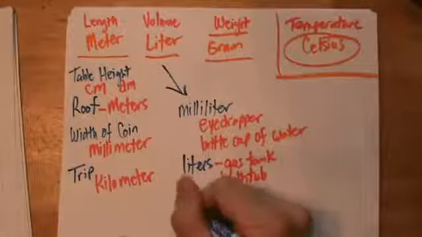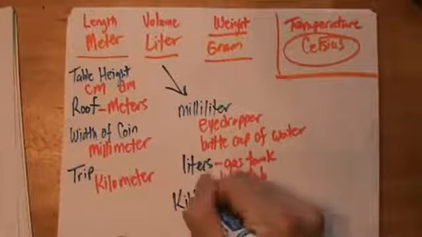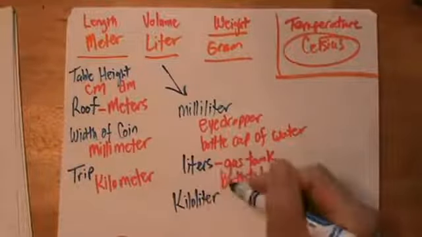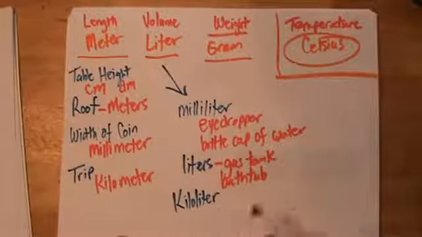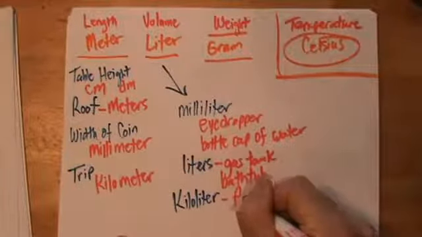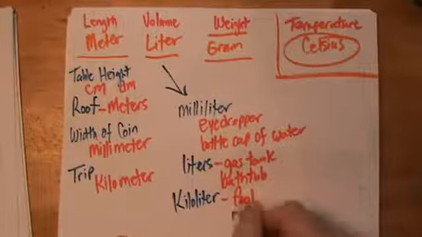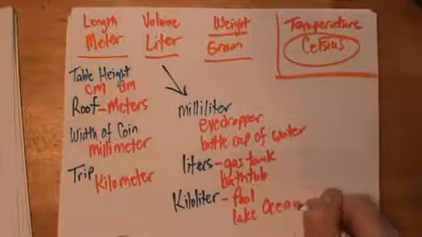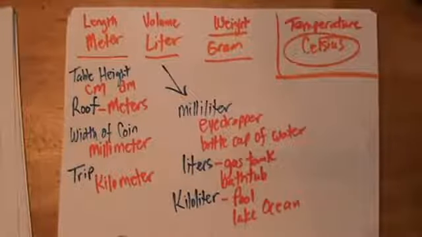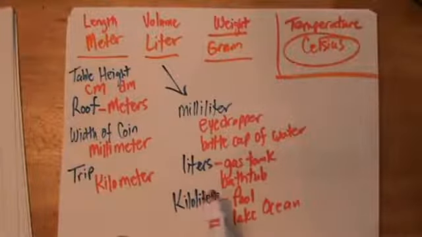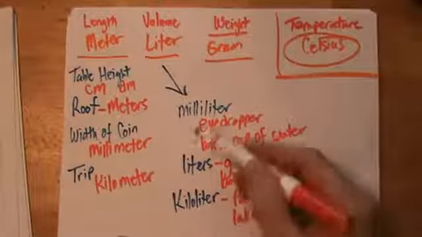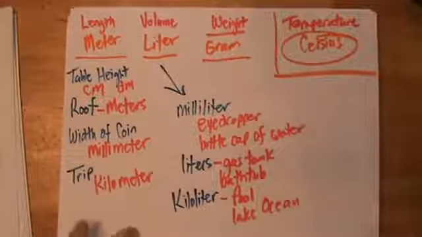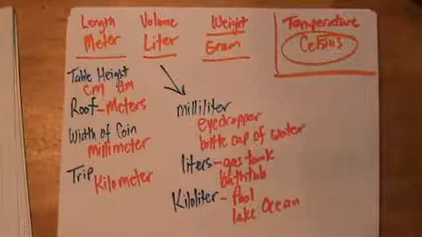And then the last one is your kiloliter, so 1,000 liters. Then you're talking about measuring the amount of water, for example, in a pool or a lake or an ocean. We would use kiloliters, 1,000 sets of 1,000 liters. So those are the 3 volumes that you'll probably come across on the test.